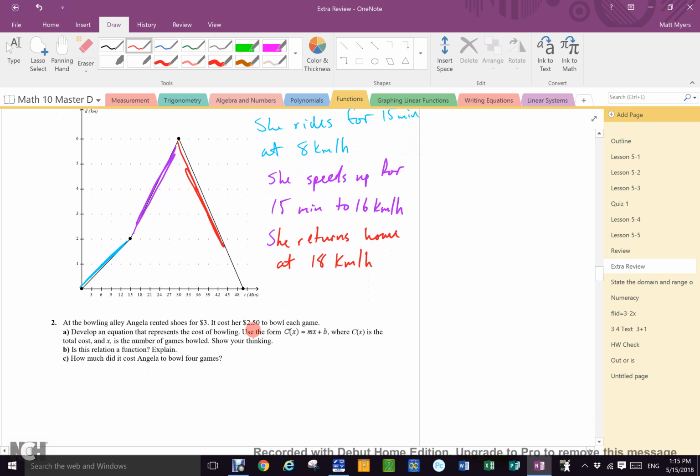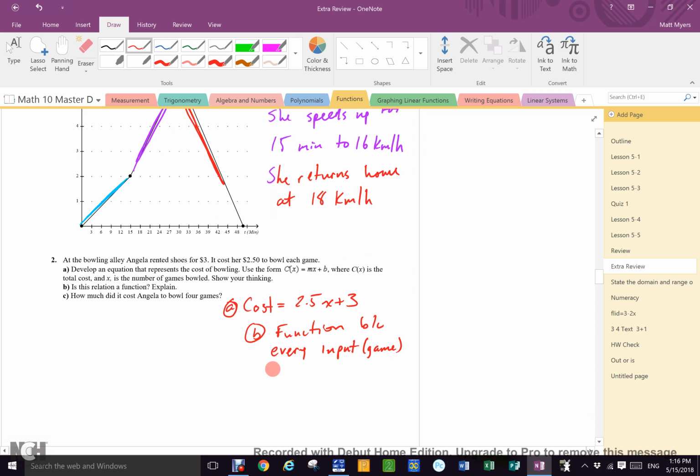You've already seen this question. Cost equals 2.5x plus 3. B, that's A, B, it is a function because every input, which is a game, gives a new output, which is a cost.